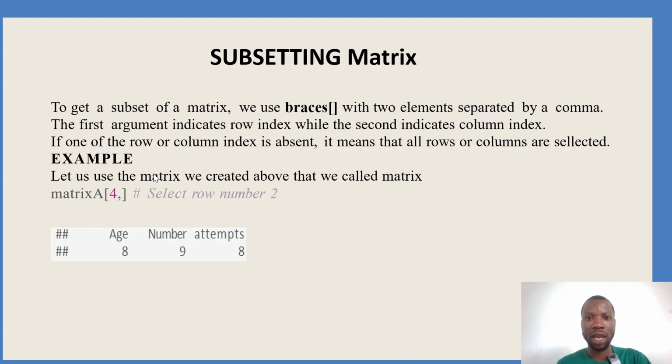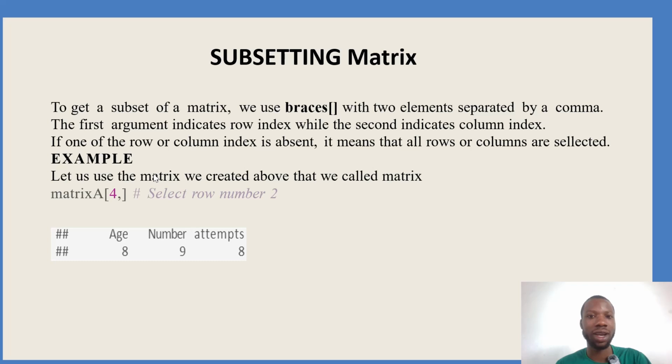So again, we are looking at subsetting. If we say subsetting, we are trying to look for specific values inside the matrix, as we have seen in vectors. To subset a matrix, we use the square brackets, the same thing as for the vector.